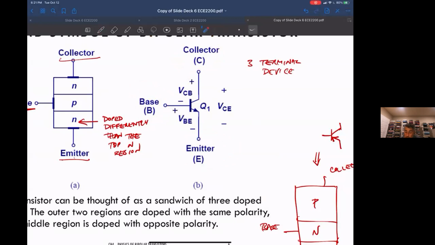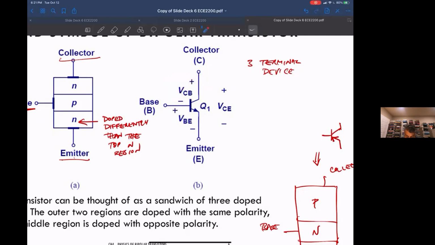So what this means is there are three voltages we need to be concerned about. There's the voltage between the base and the emitter, which in shorthand we call VBE. There is the voltage between the collector and the base, which we call VCB. That's saying the polarity: for VCB to be positive means the collector has to be higher than the base.